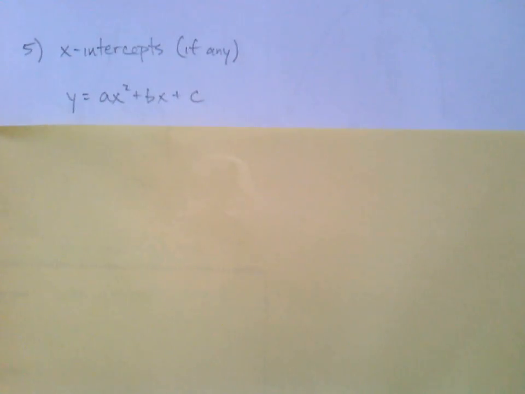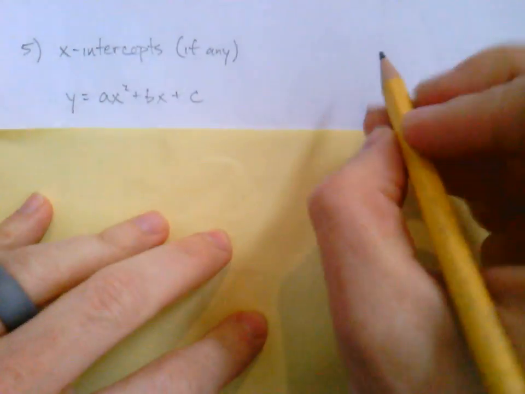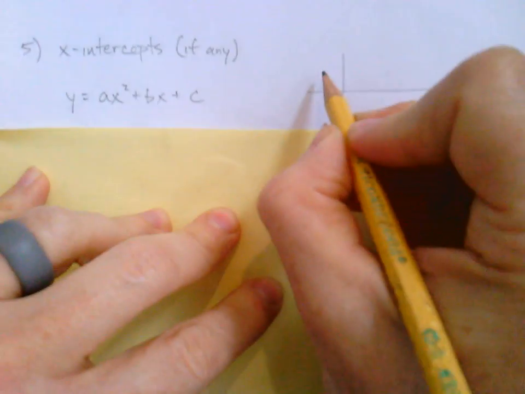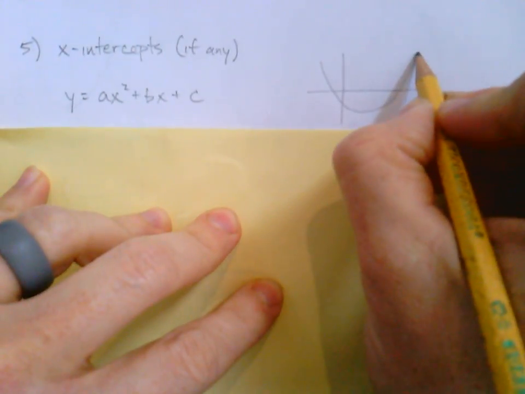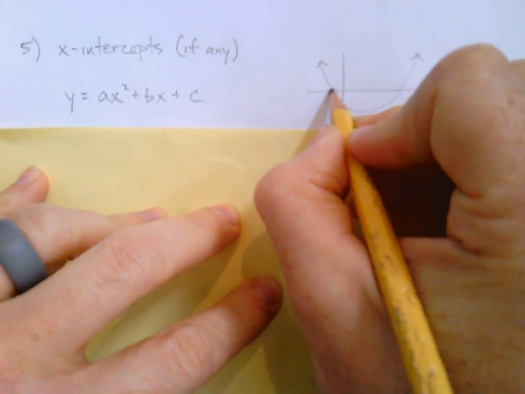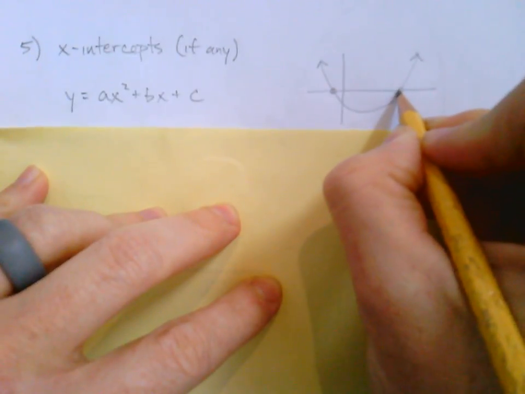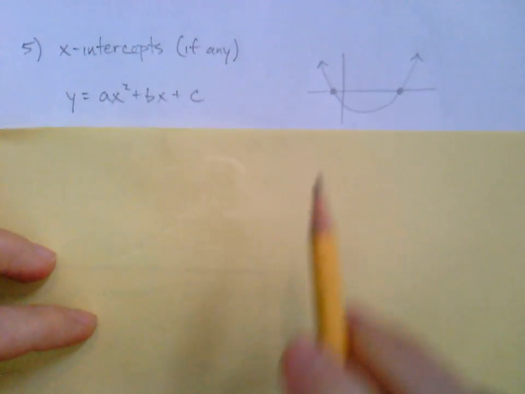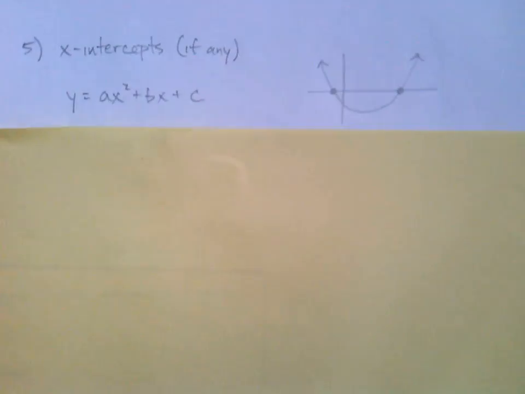And if I was to draw a picture, I didn't do it for this one, but maybe our parabola kind of does something like this. The x-intercepts are where it passes through the x-axis. Oftentimes there are two of them.